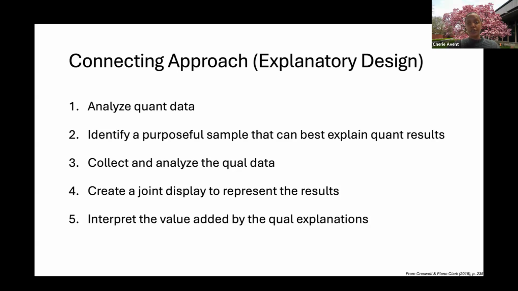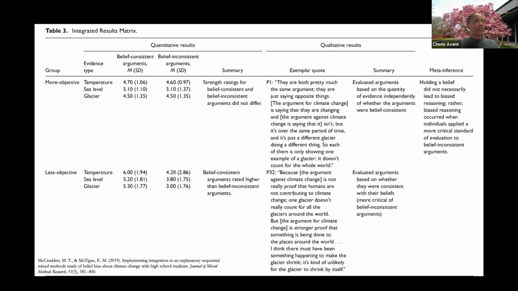Okay. And so one of the ways I think about how this might be represented in a joint display to get to those meta inferences, which are these new insights that one has gained, is maybe through a table. So I want to show an example from an article from McCrudden and McTeague, who were doing an explanatory study on belief bias on climate change with high school students.